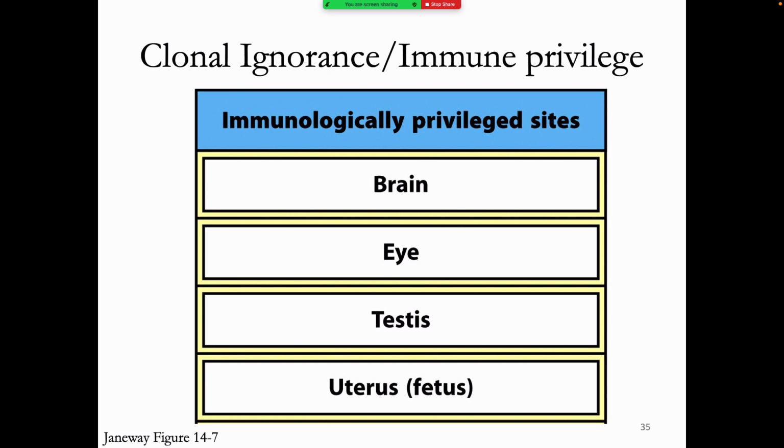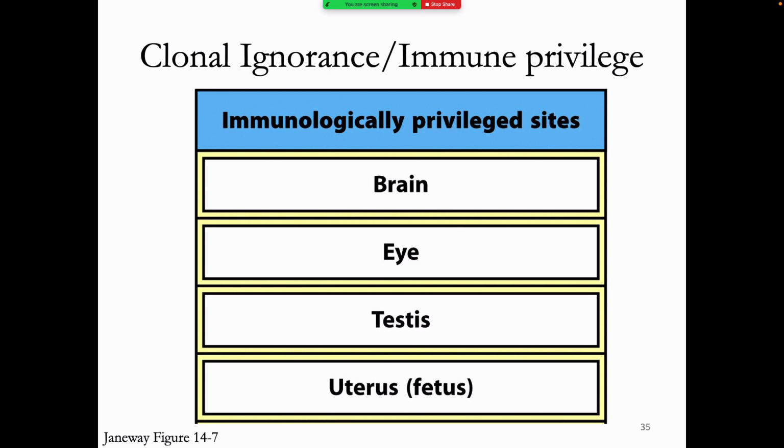The classic understanding of immune privilege. I'm going to tell you the classic understanding, and then I'm going to show you some experiments that have made us realize that it's maybe a little messier than that. The classic understanding of immune privilege is that in the immune privileged sites, we exclude adaptive immune cells.